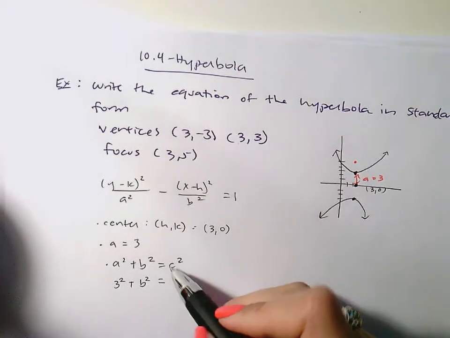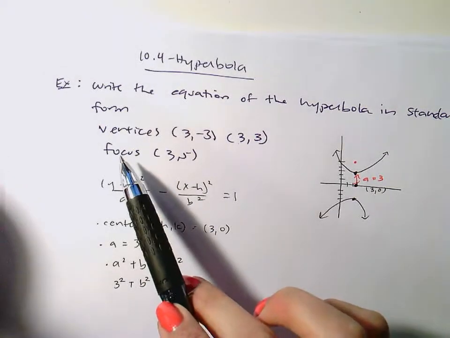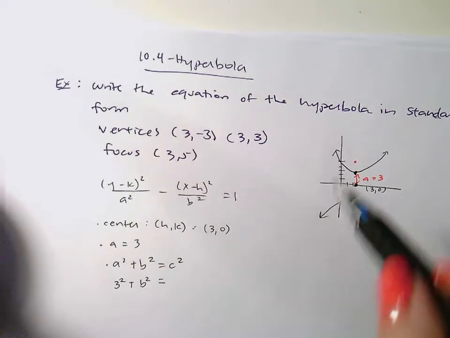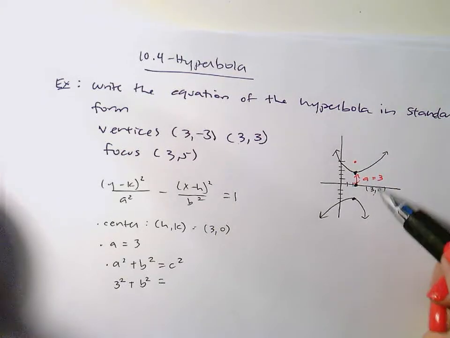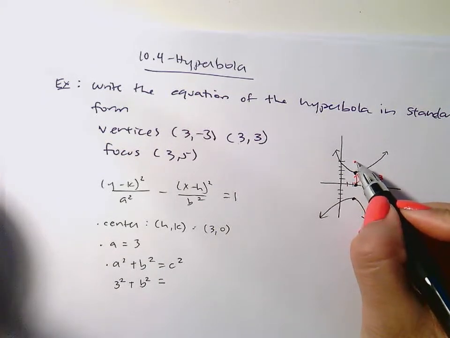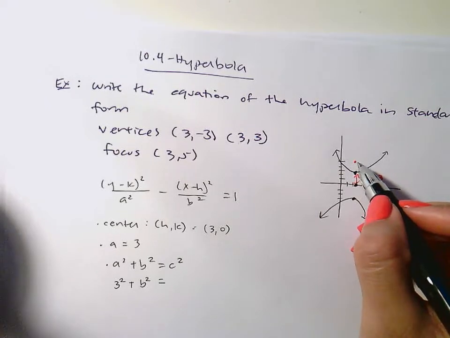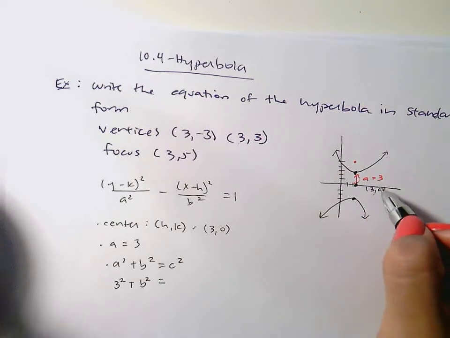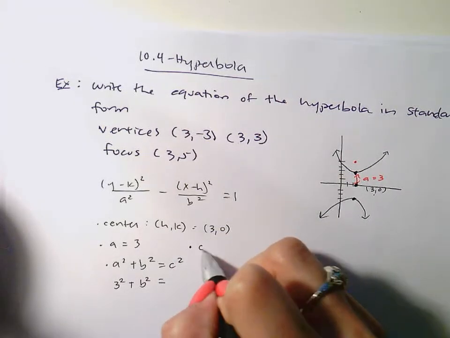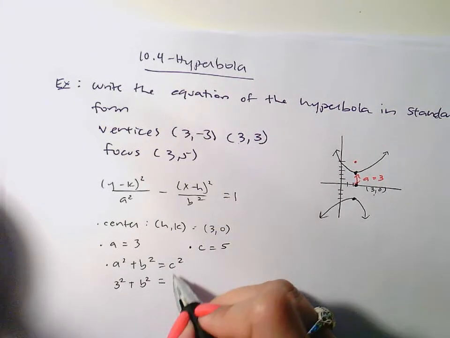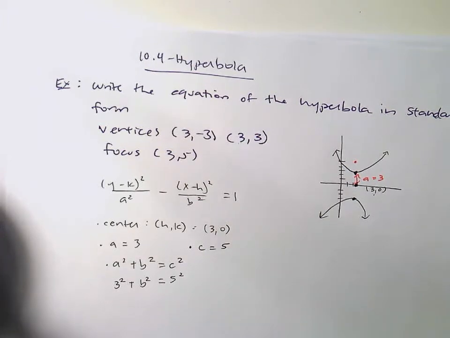We're also missing c. We can find c by using the focus. The focus is c units away from the center. If the center is at (3, 0) and the focus is at (3, 5), then the distance between these two is 5 units. So that means that c is equal to 5. So I'm going to plug in a 5 for the c, and then we're going to square it. And if we solve for b, b is going to be equal to 4.